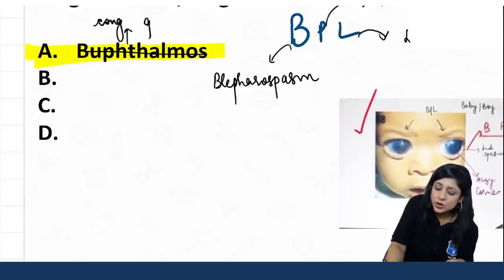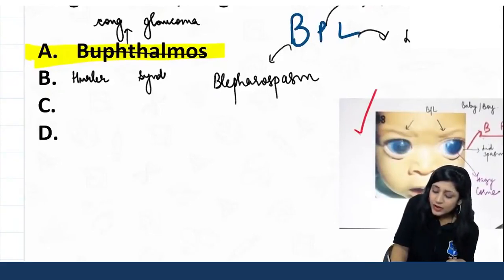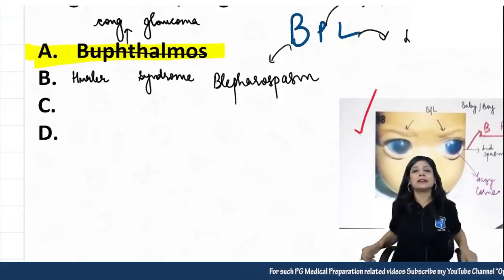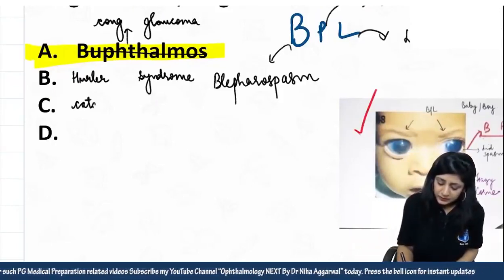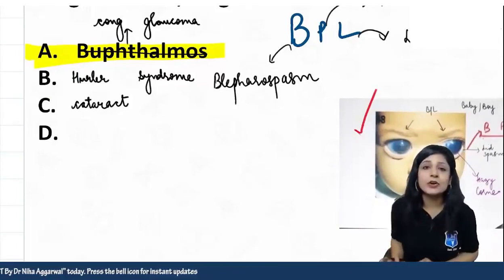And what were the options? One eye was white, Hurler syndrome. Okay, what about others? One eye was white, so that means it was unilateral. Cataract. Okay, one was cataract. Congenital glaucoma, Hurler syndrome, cataract.